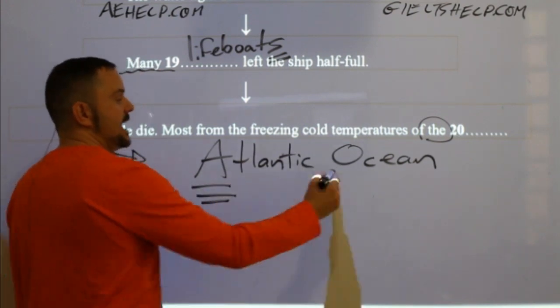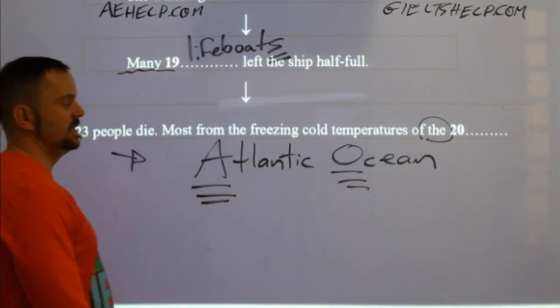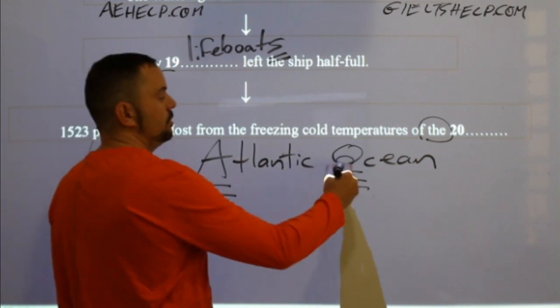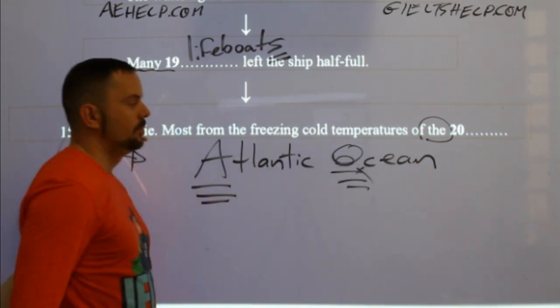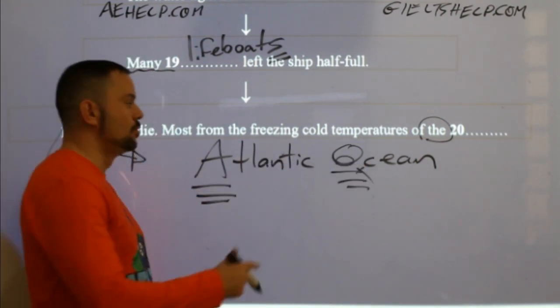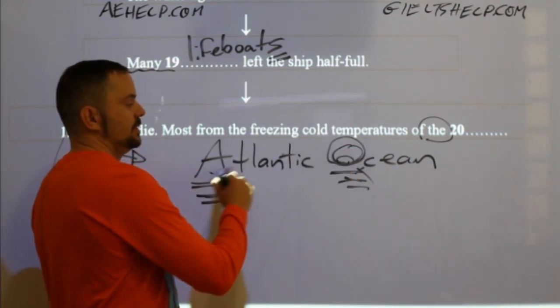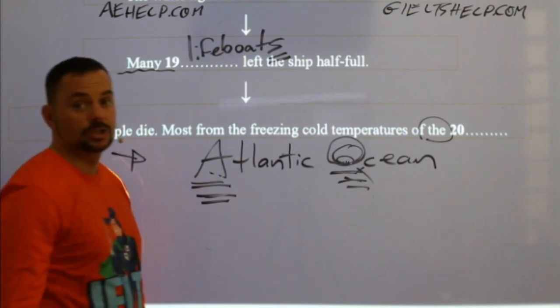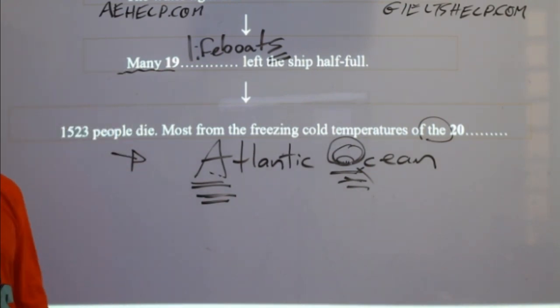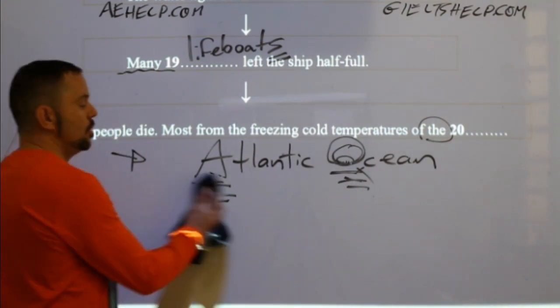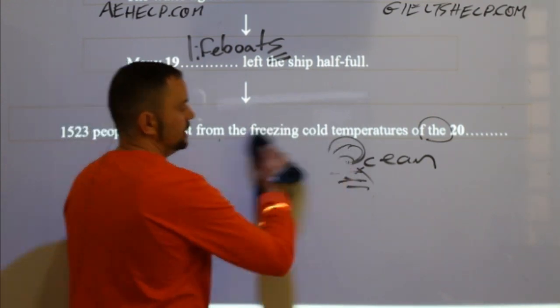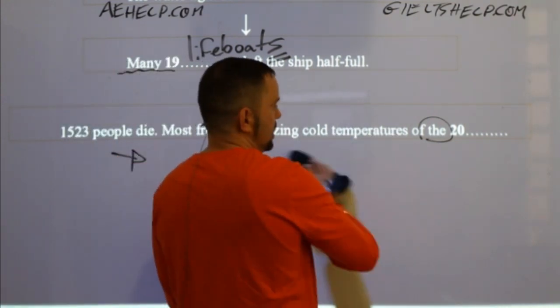The A and the O must be capital. If you have a small o, it's wrong. Why? Because in English, it's a rule that you have to have a big O when it's part of the name, Atlantic Ocean. Okay, so large O, all right? If it's a small o, you'll get it wrong, unfortunately, because it's not correct English.